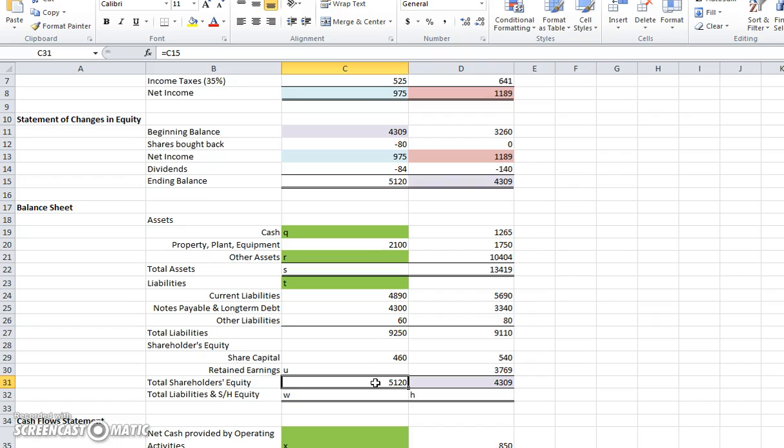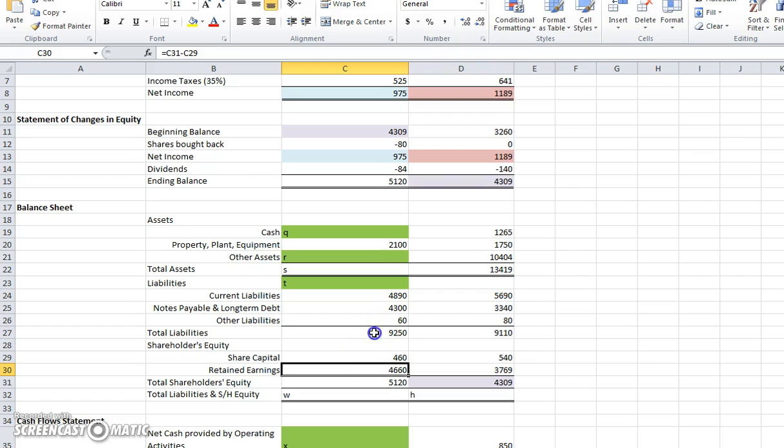So let's work backwards. If we know that share capital plus retained earnings is equal to shareholders' equity, let's do some fancy math. We know the shareholders' equity is there. We have to subtract share capital, and that should get us our retained earnings. So that's pretty good. We're on the right track.